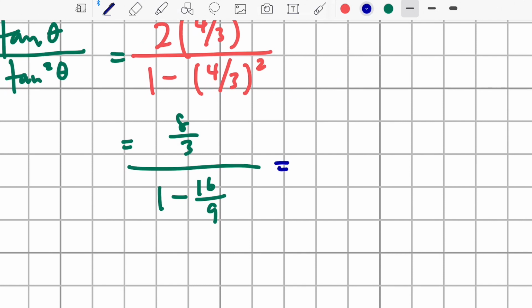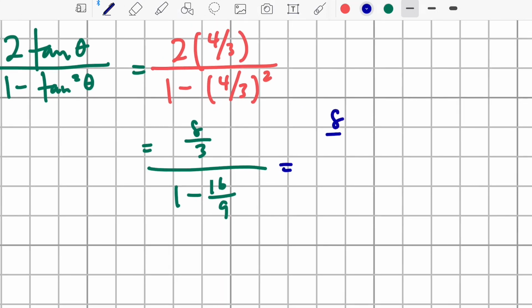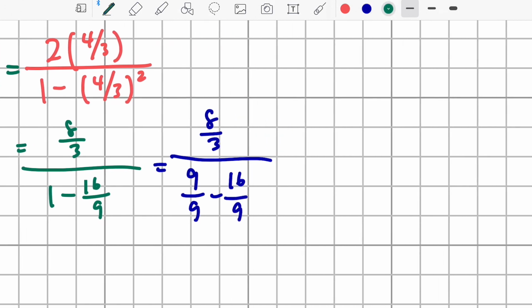Let's simplify. So 8 over 3 divided by, this one, I'm going to rewrite it as 9 over 9 minus 16 over 9. That's going to be 8 over 3 divided by negative 7 over 9.